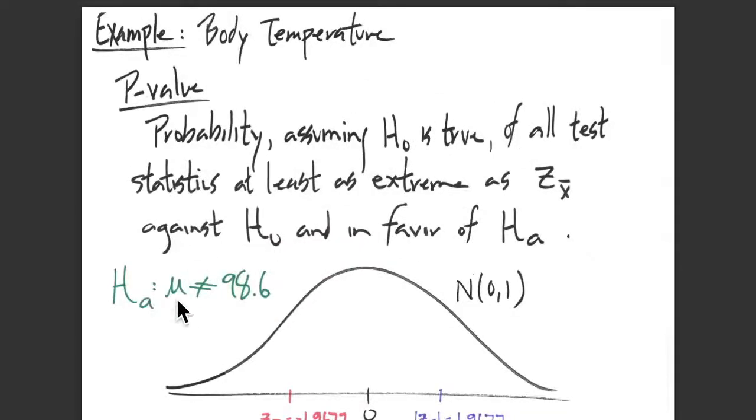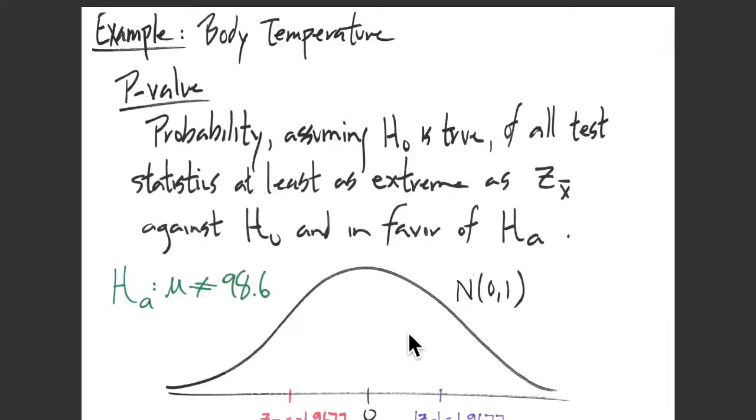But because the alternative is two-sided, it's also true that z-values that are at least as far from the null value on the other side also count in favor of the alternative hypothesis. That is, if I had measured an x bar of, say, 101.6, then that would also be evidence in favor of mu not being 98.6.